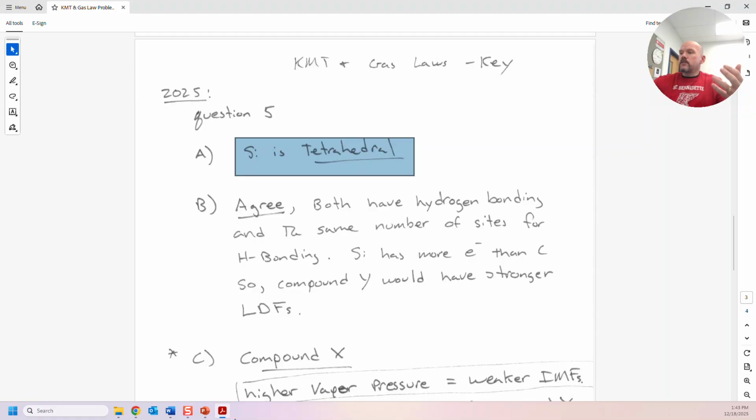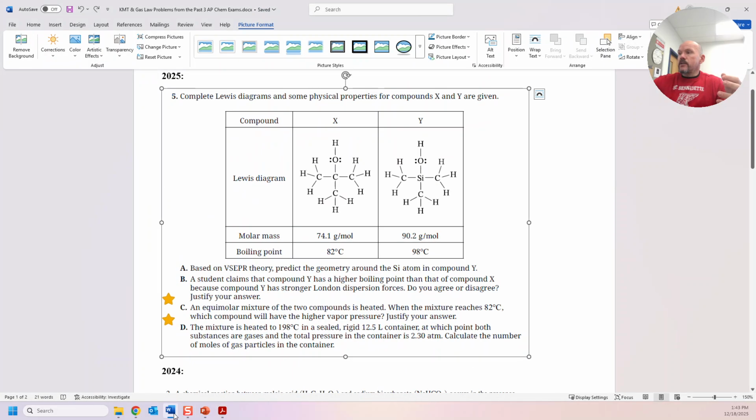Like if we went back to the structure, let's say this molecule had an OH group here and an OH group here and an OH group here and an OH group here, but this one only had an OH group over here.